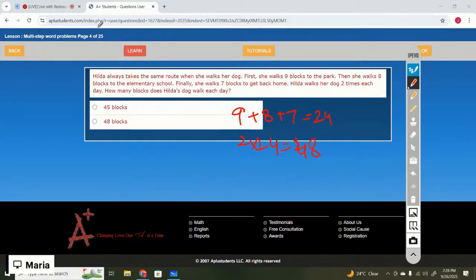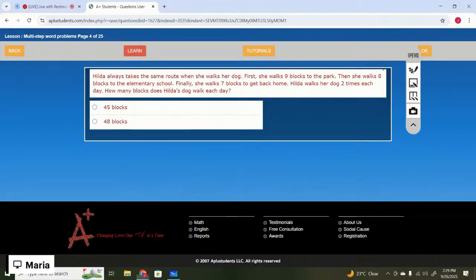That is 48 blocks. Option number 2 is the correct option.